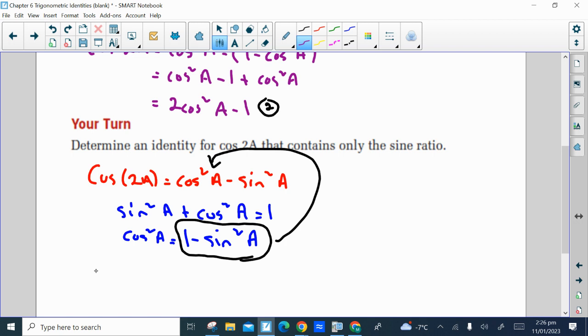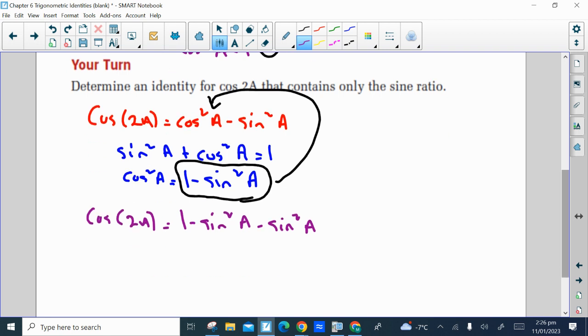We'll replace the cos squared A with 1 minus sine squared A. And then we have another minus sine squared A that was part of the original double angle identity for cosine. And negative 1 sine squared A minus another one will be minus 2 sine squared A.